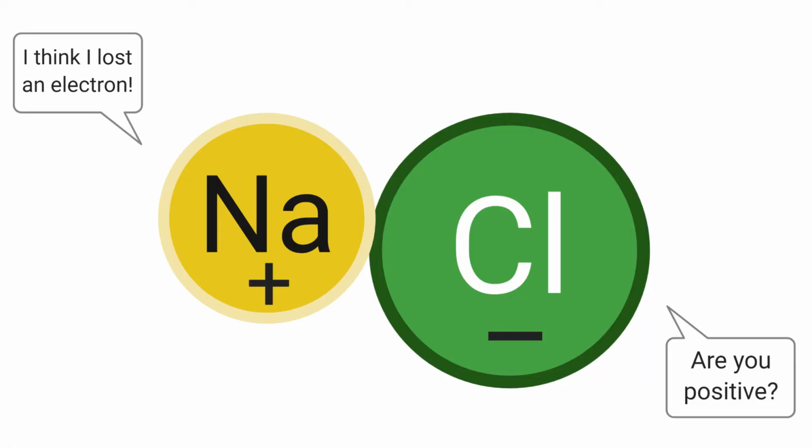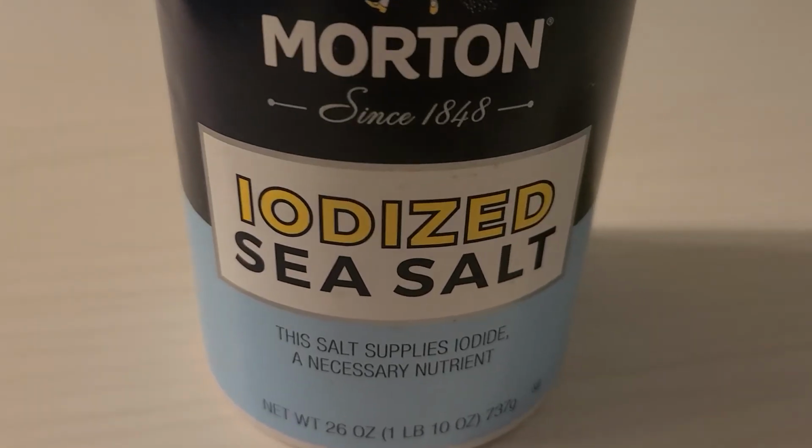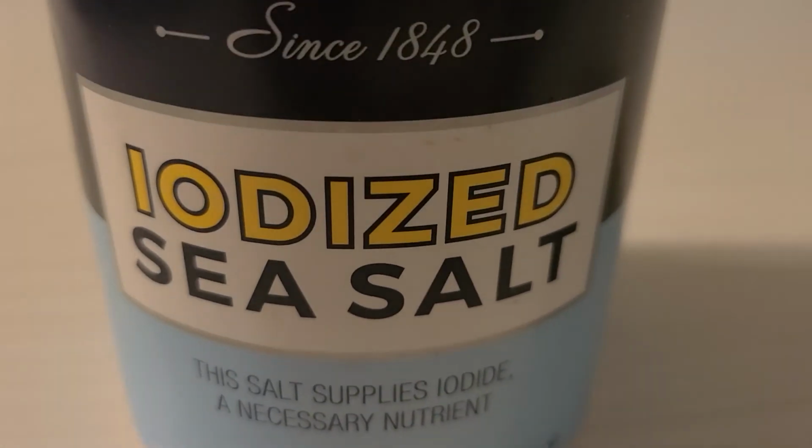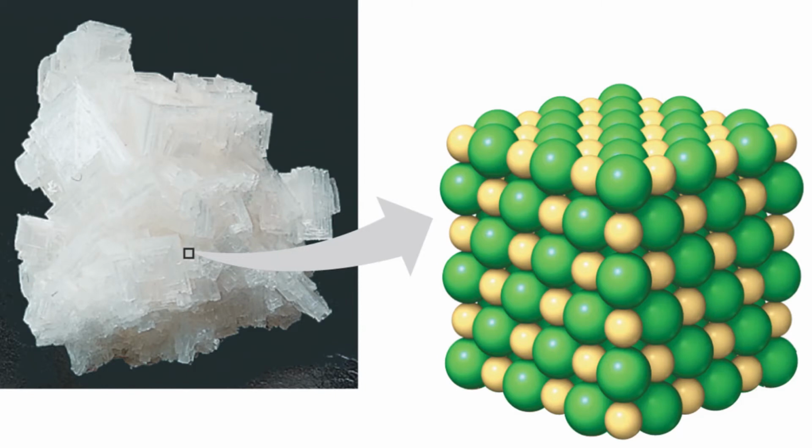Now that chloride has a negative charge and sodium has a positive charge, they stick together. This is called an ionic bond. Ionic bonds occur between oppositely charged ions, or between cations and anions. In real life, we see these interactions in things like sodium chloride, or table salt. Table salt is an ionic compound.